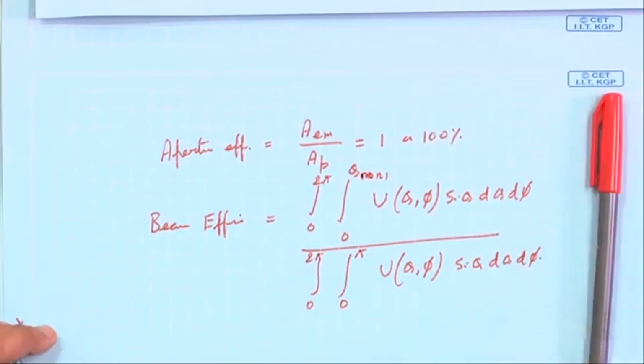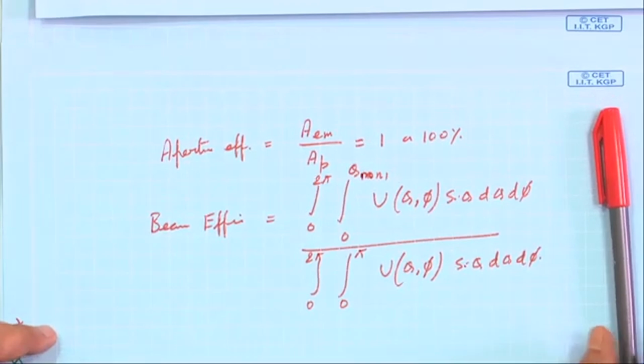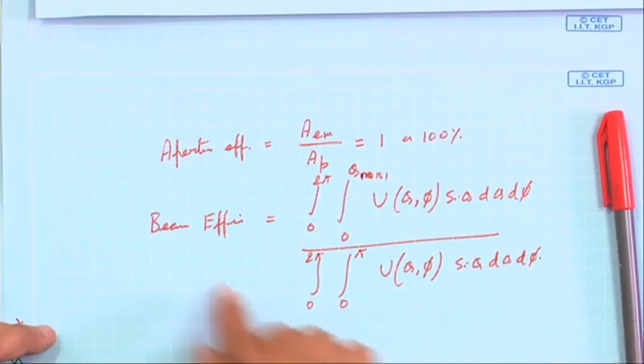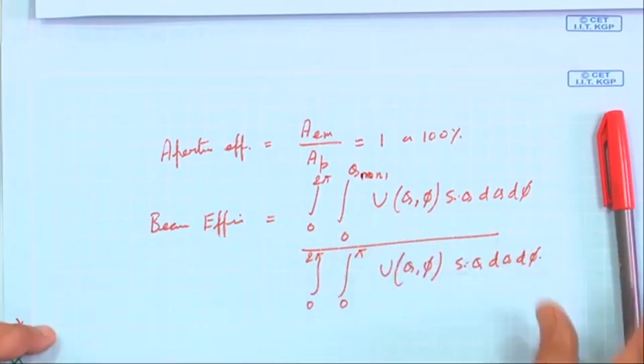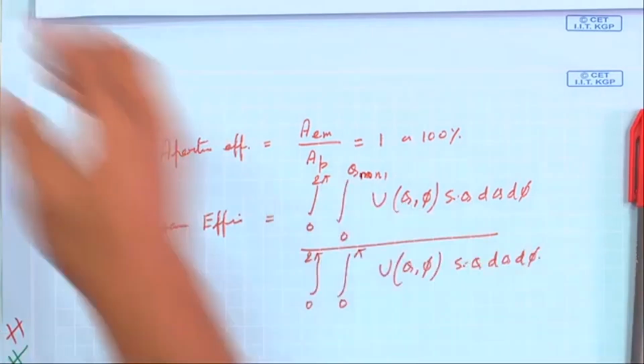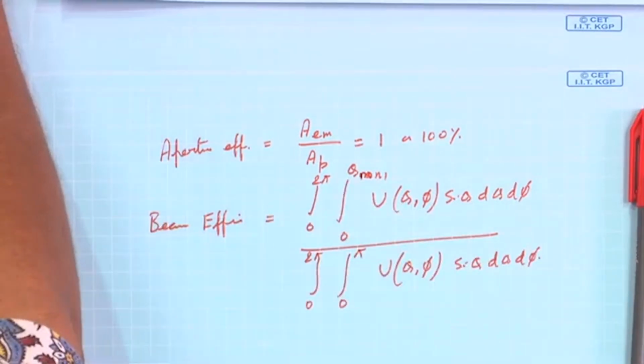For radiometry, radio astronomy, radar etc., very high beam efficiency, near about 100%, is required so that noise from the side lobes etc. is reduced.